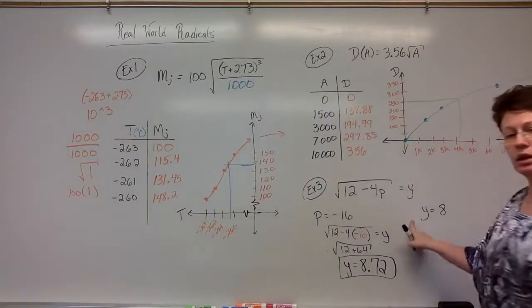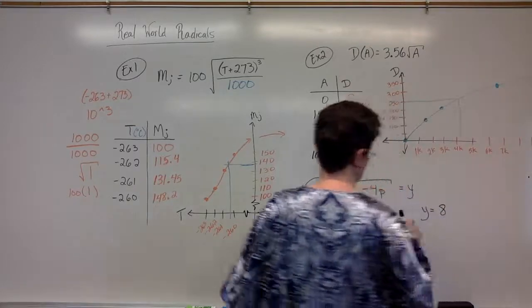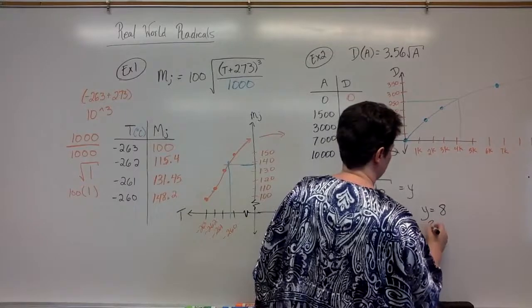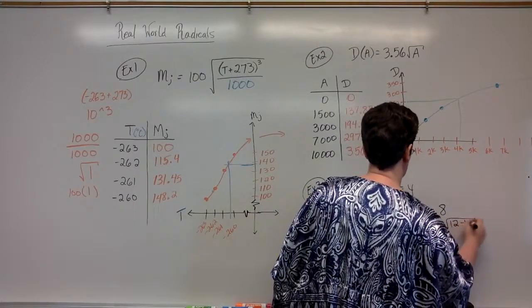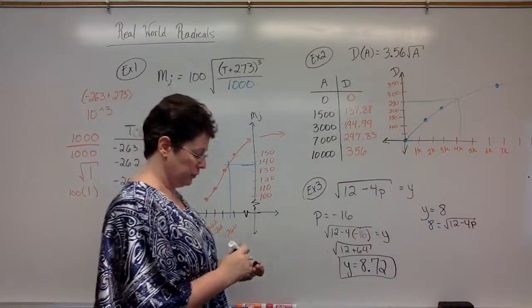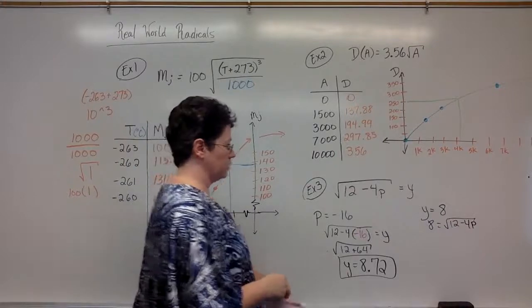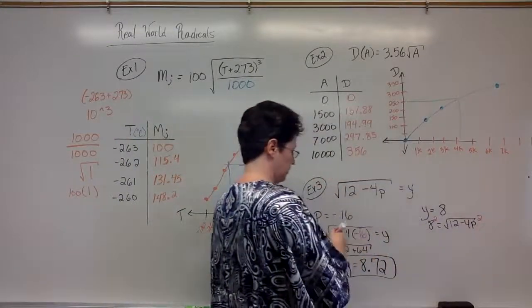Easy. As long as you don't write the problem down wrong, you plug it in the right spot. What are we given here? Yeah, they gave us y. Crazy. But that's okay. So I have 8 equals square root of 12 minus 4p. How do I get rid of the square root? Yeah, you square both sides. So we're going to square both sides. Boom, boom.